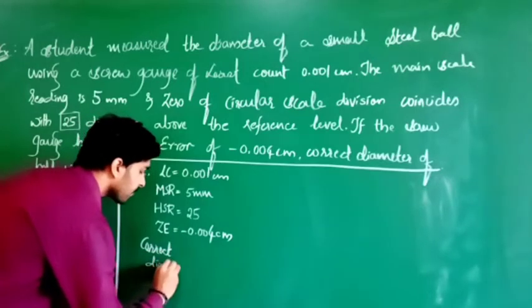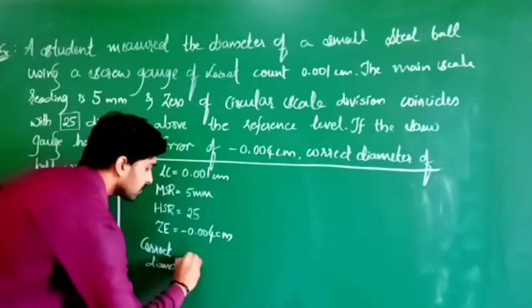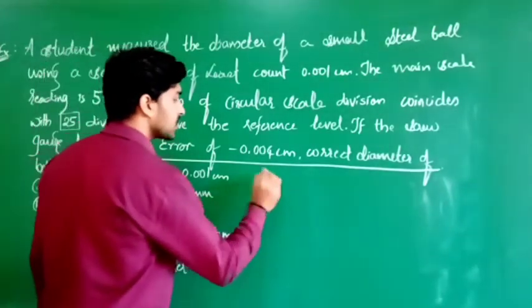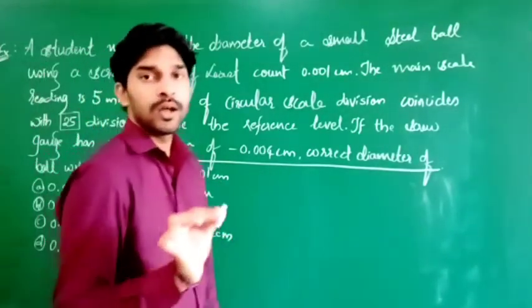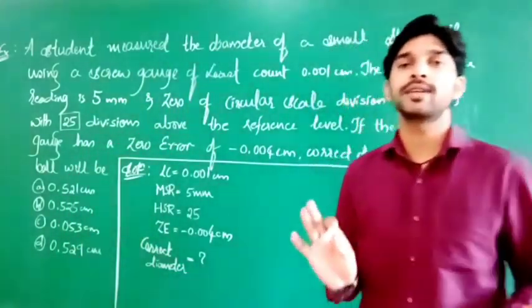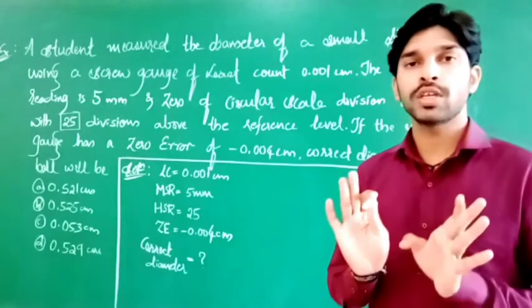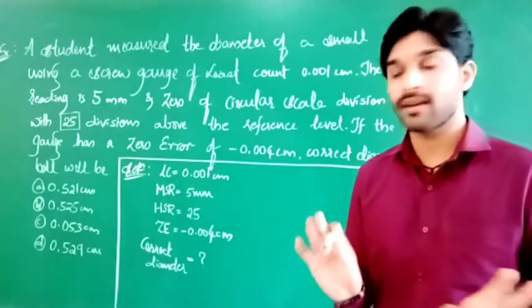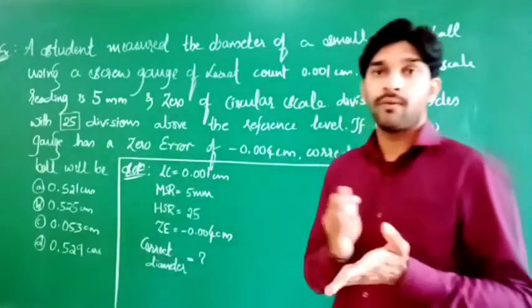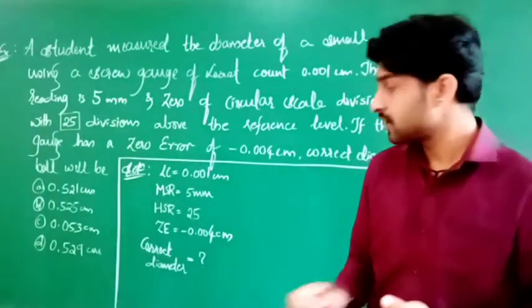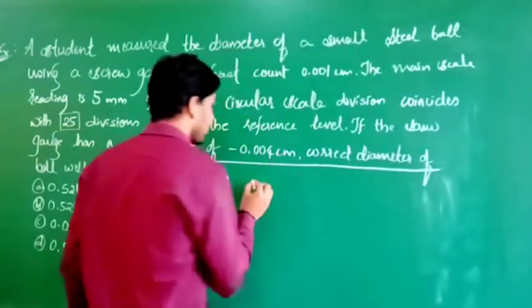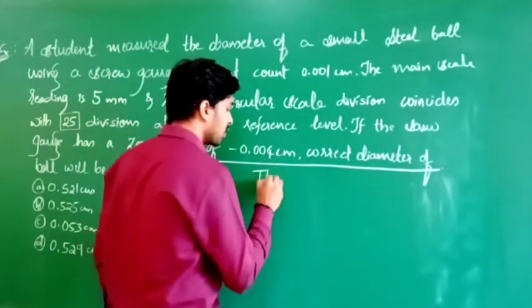Shall we start how to solve this? First of all, remember, I will be writing the total reading formula. Total reading will only give us the value for diameter, not the corrected diameter. Total reading formula, have you all remembered?